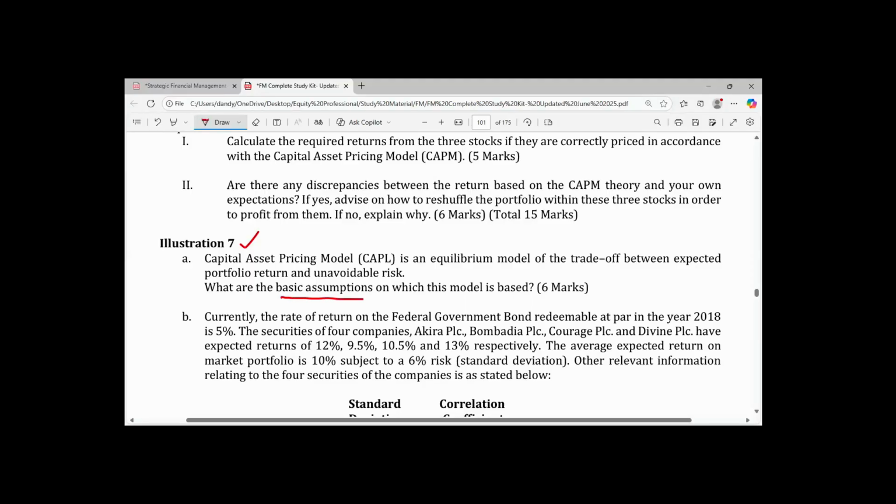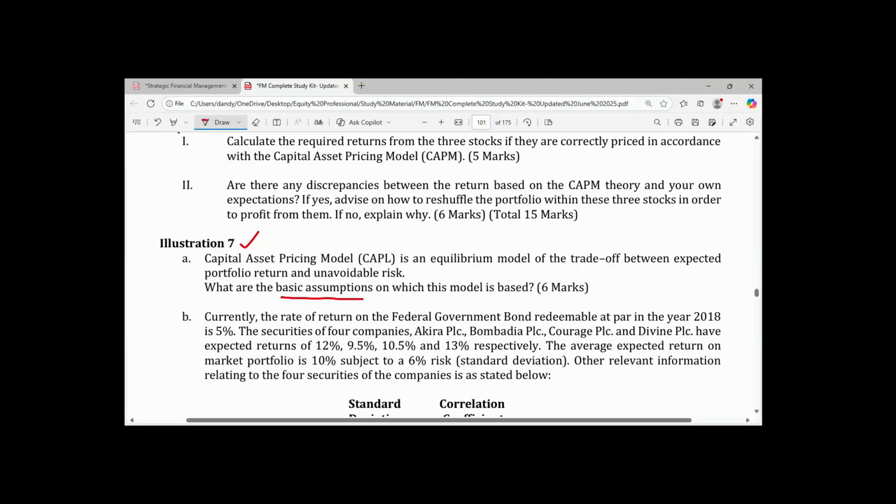That is, investors want to maximize utility, and they are rational individuals. Assumption 2 is that investors are price takers, meaning that they cannot influence the price. Whatever the market gives to them as a price is what they are going to take.